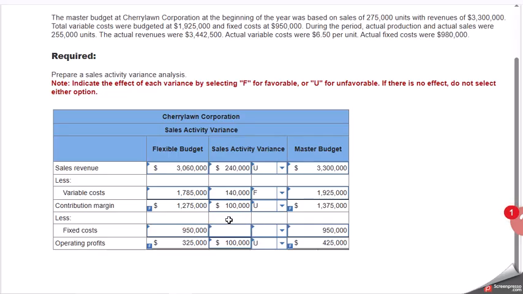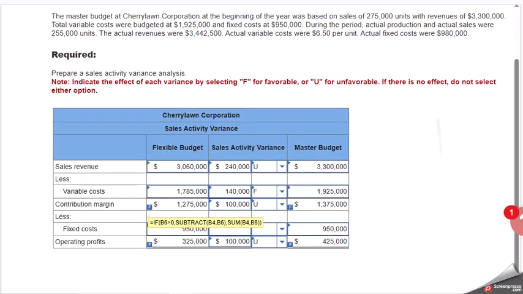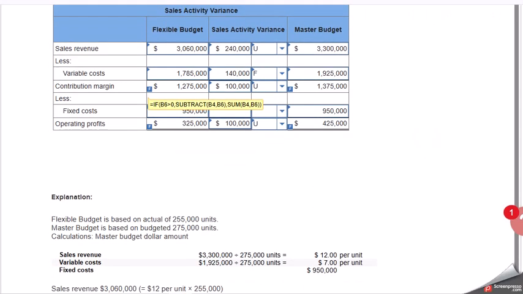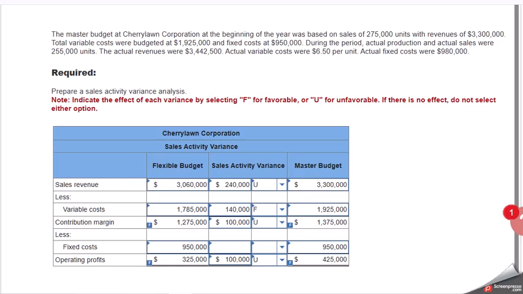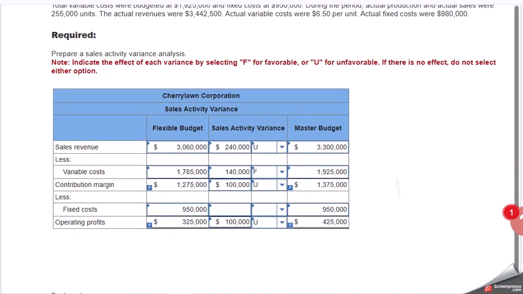Then our contribution margin is sales revenue less those variable costs. You could also calculate that by looking down here. Your selling price of $12 per unit minus your $7 variable cost provides you $5 per unit contribution margin. We sold 20,000 fewer, so that would be an unfavorable 100,000.